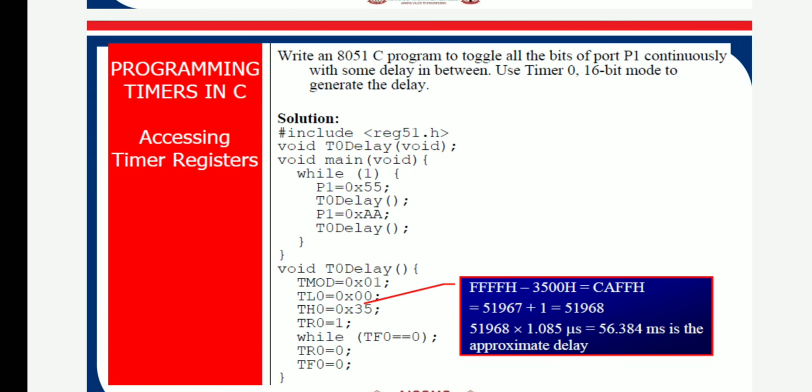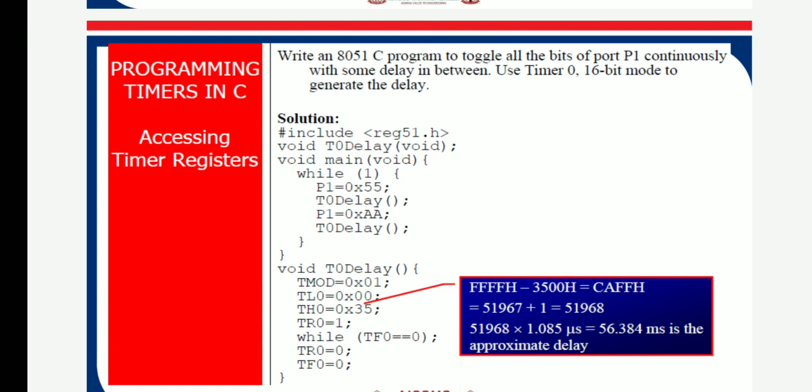Now in this next example, timer 0 is in 16-bit mode. This program is written in embedded C language. Again with the simple method, we can easily calculate the delay generated.